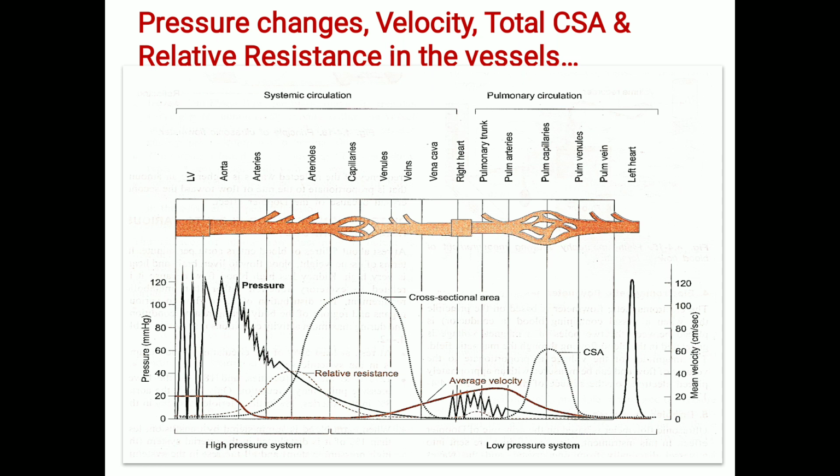As I already told, the increase in the total cross-sectional area of the blood vessel decreases the average velocity of blood flow.